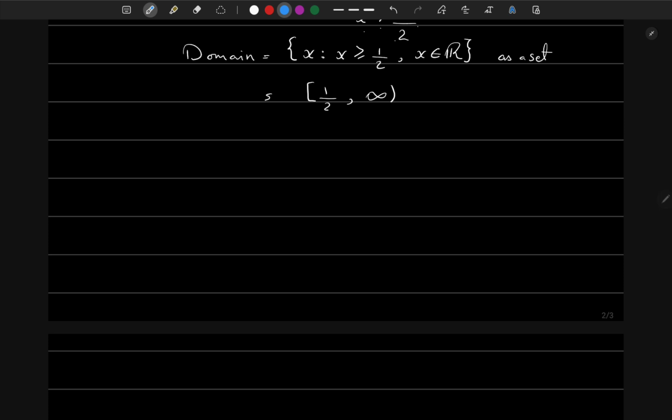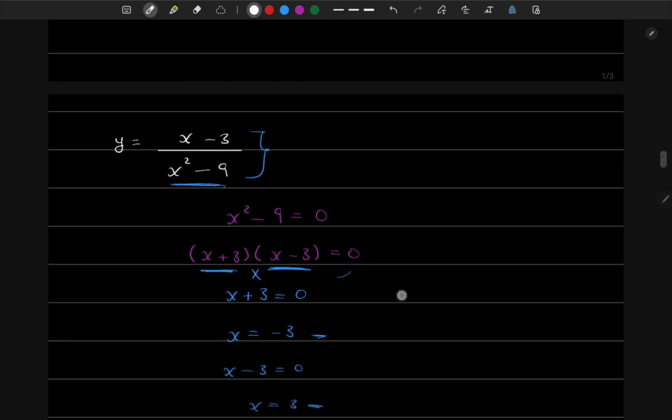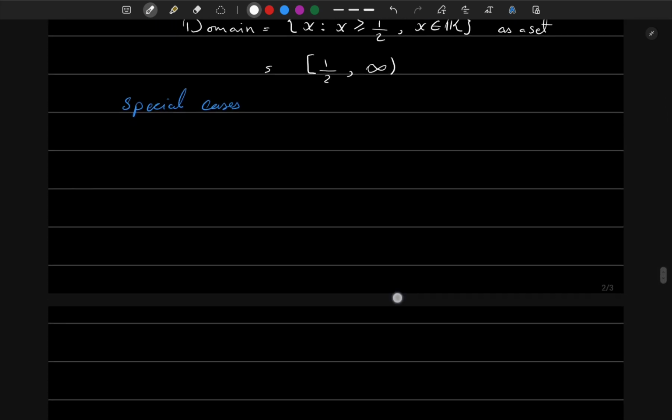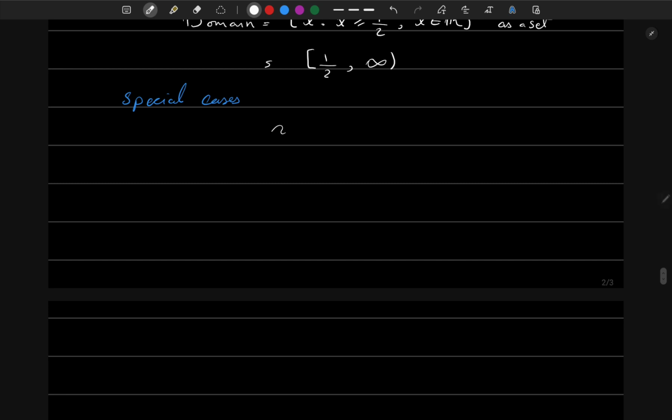But sometimes, let's talk about some special cases. What if I have a function that has different elements of the functions that we mentioned? What if I have a function that looks like this: 3x minus 1 under the square root and divided by x plus 2.